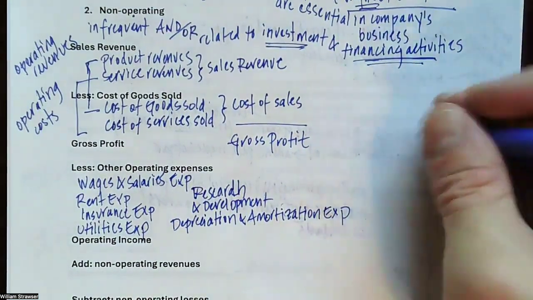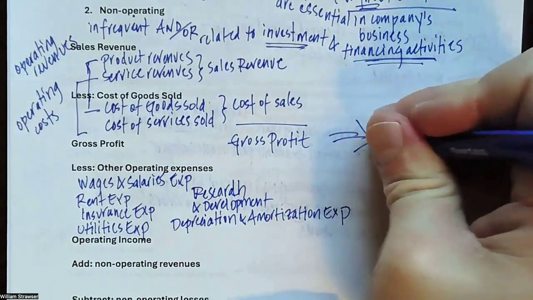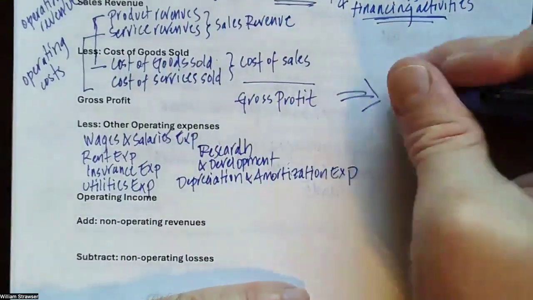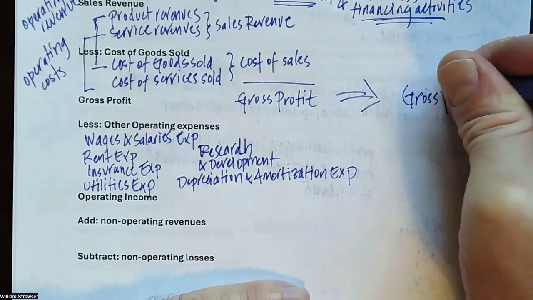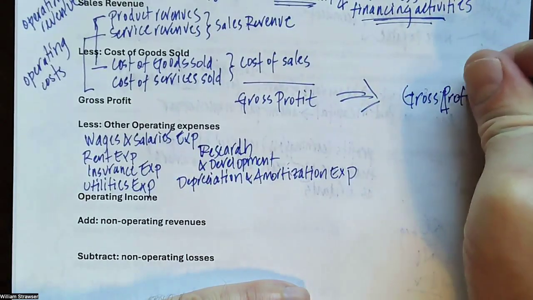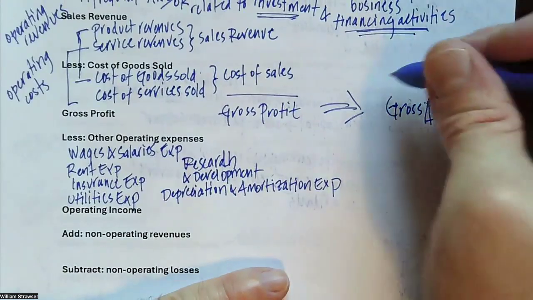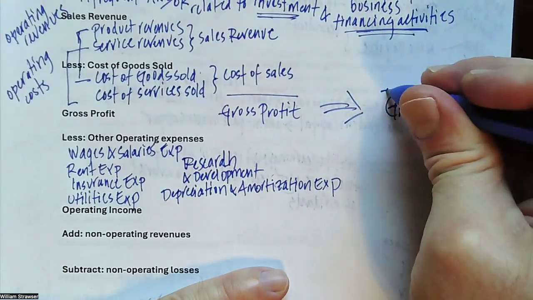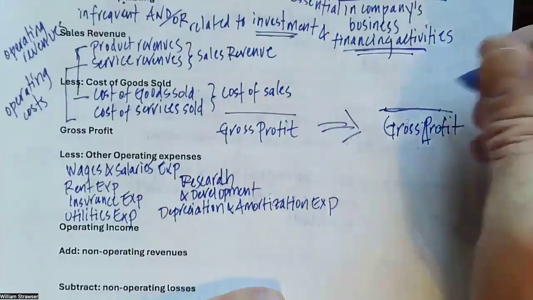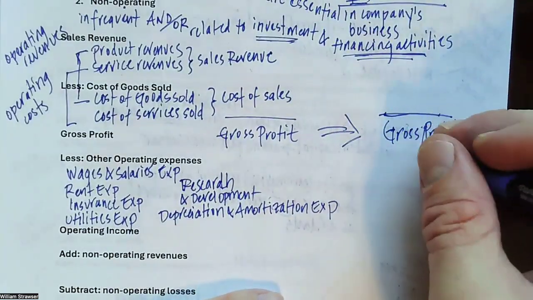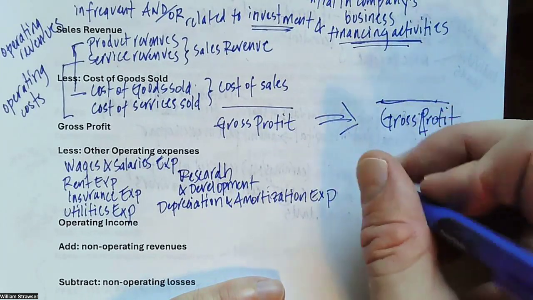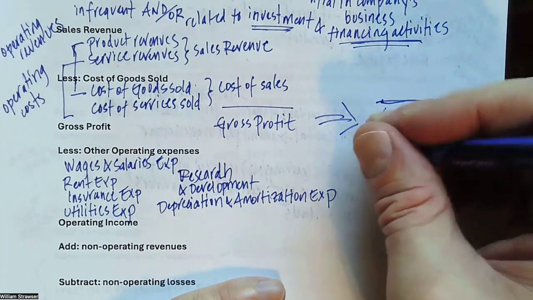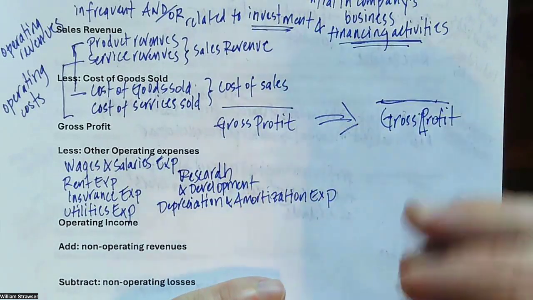Now, most of these, I'm going to bring gross profit out here so I can keep a running total. Just a spacing thing, not something you would do or format on an income statement. I'm just running out of room on this handout. So if we have gross profit after taking our revenues and our cost of sales, then we're entering into this other operating expense category. Now, on most income statements, this is highly condensed.